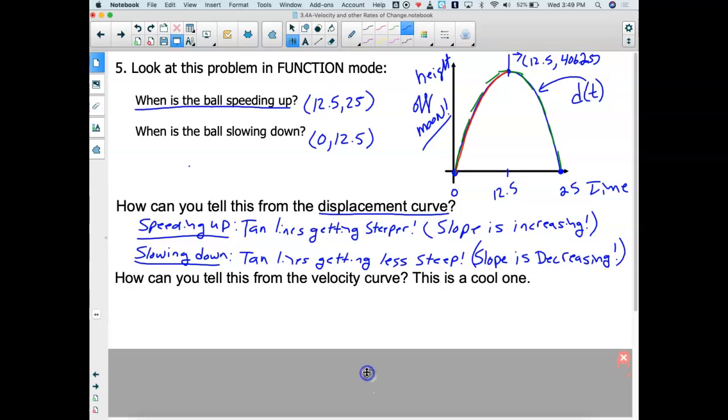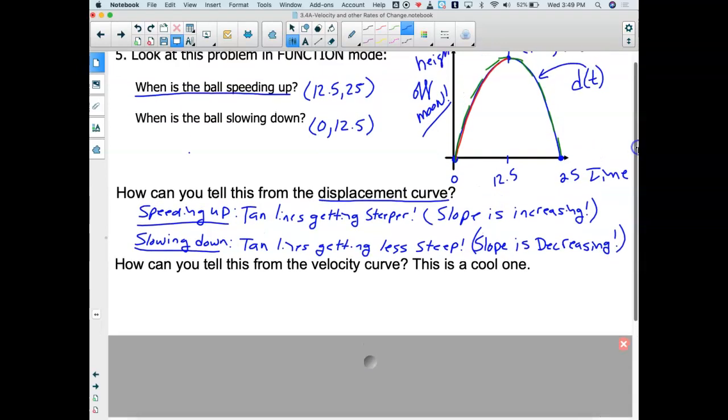How can you tell this from the velocity curve? Well, in order to get the velocity curve, I need to plot the velocity curve. I'm going to make it that guy. Now I know here, it kind of looked a little something like that. And I'm going to go on a whim, I'm going to call that my 65, my velocity at time 0. Okay?